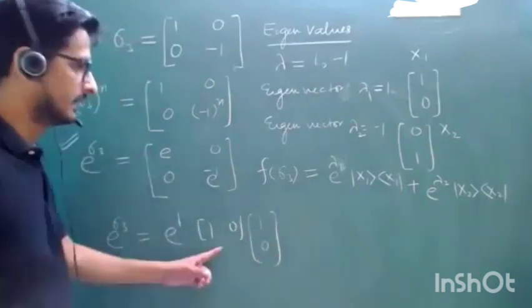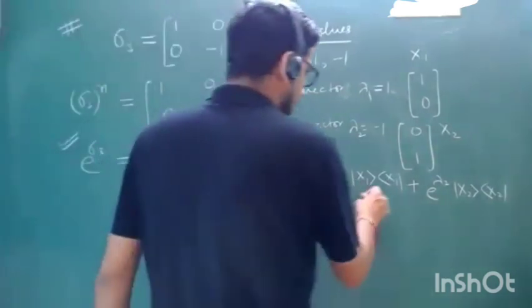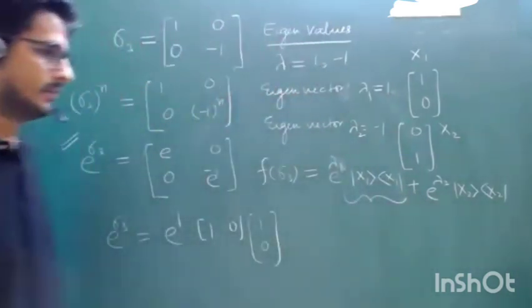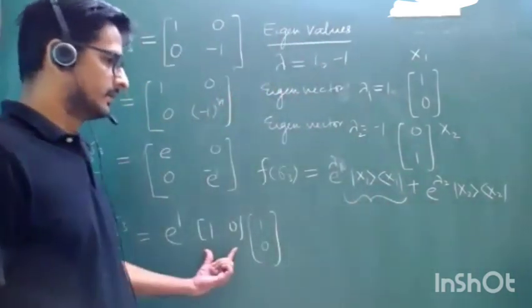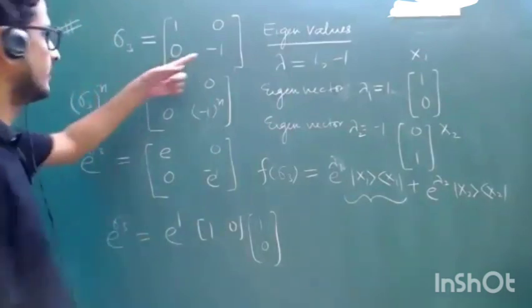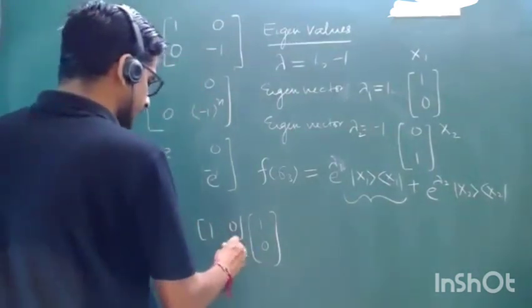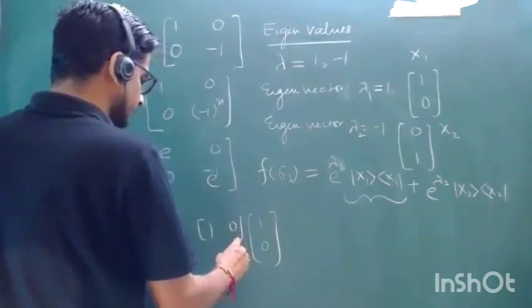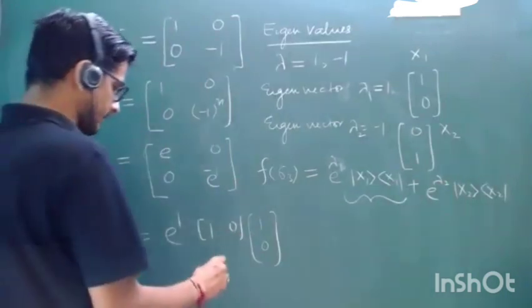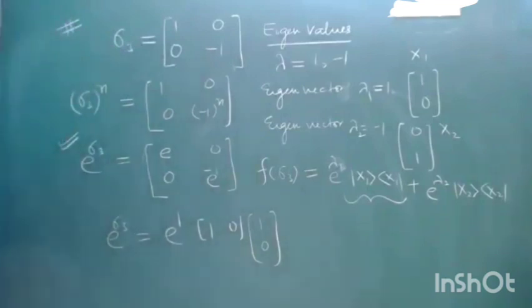Please see this. In this notation, you are aware, quantum mechanics also uses the same notation. So this matrix is a 2 cross 2 matrix.